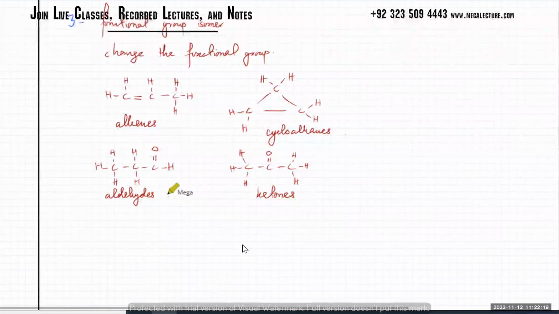What else? You can have carboxylic acids and esters. They can be isomers of each other. A carboxylic acid is double bond O and OH at the end. Okay, there are three H's with this one. And an ester is where you have double bond O and O in the middle of the carbon chain.